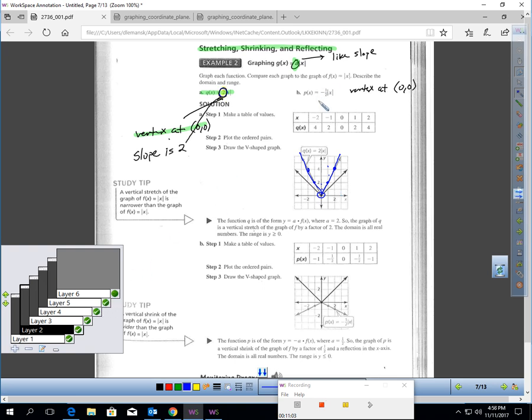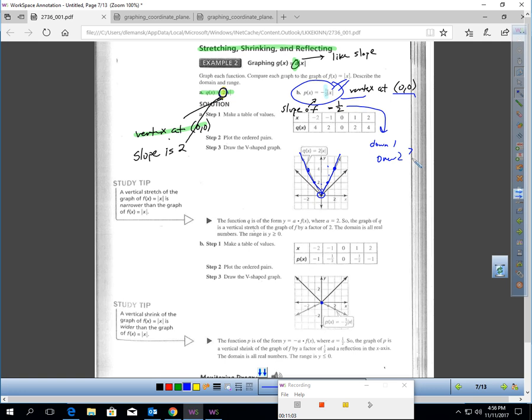Now when you look at this question here, the vertex of this is still at 0, 0. We're not adding or subtracting anything inside the absolute value or outside. So the vertex is 0, 0, which you see here. But you notice this is like a slope, even though we don't call it that. A slope of negative 1/2. Doesn't that mean down 1 over 2?